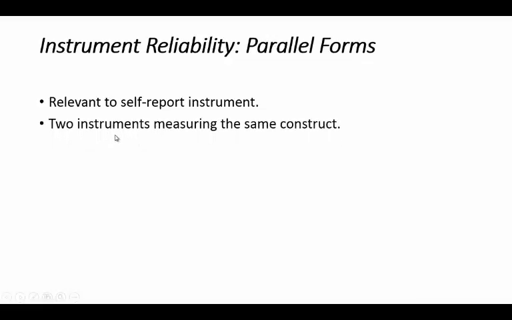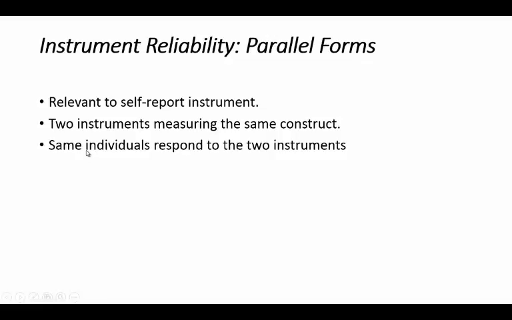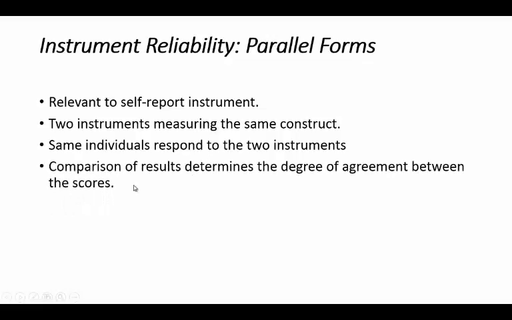You get 2 instruments supposedly measuring the same thing, and you give the 2 instruments to the same individuals to respond to them, and then you compare the results to see if the 2 instruments actually gave the same scores to the person.